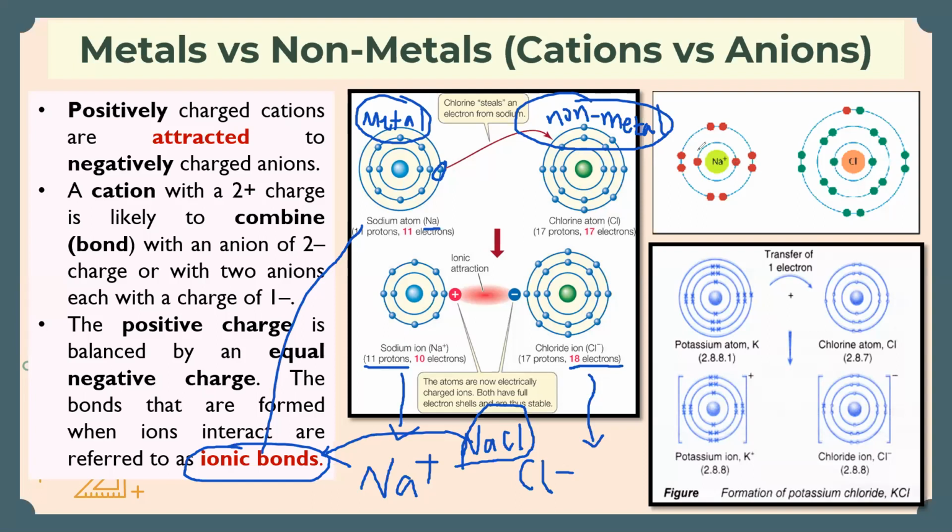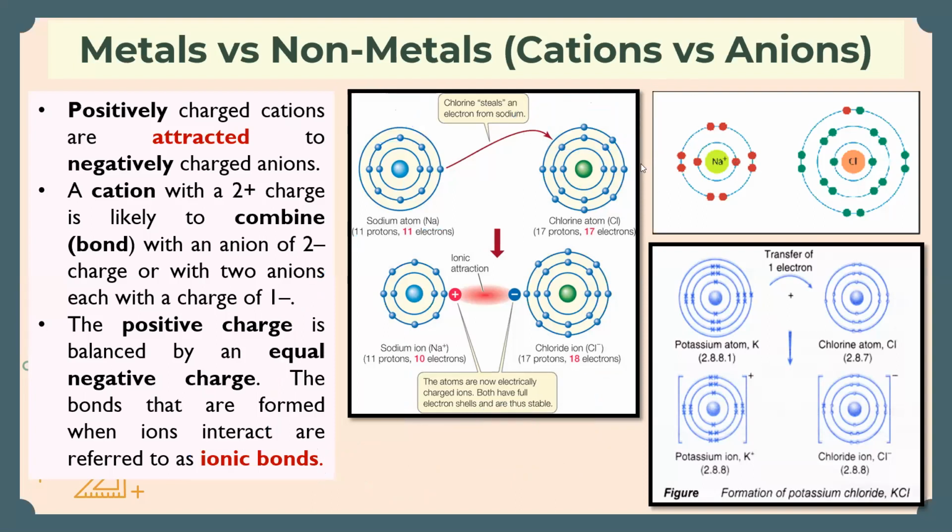I think there was a little GIF on this slide, if I can go back and come back. You can see in this GIF how the electron can go to the other one. The same thing with potassium here, which is the example we looked at before. It's important for you guys to see how this transfer occurs.